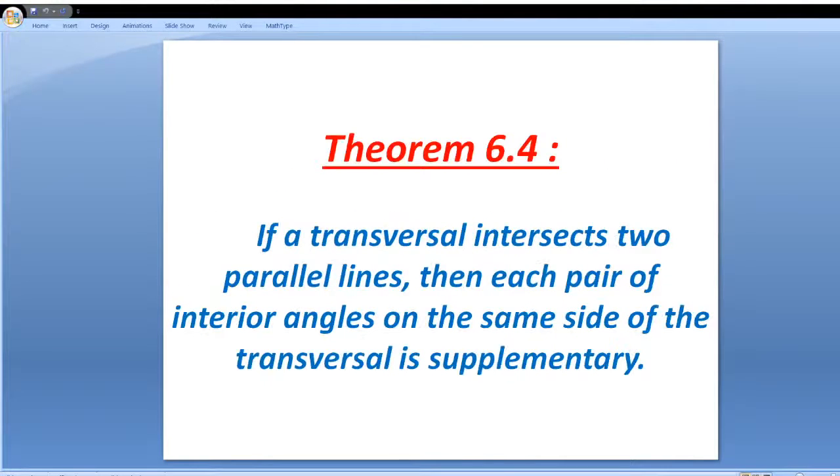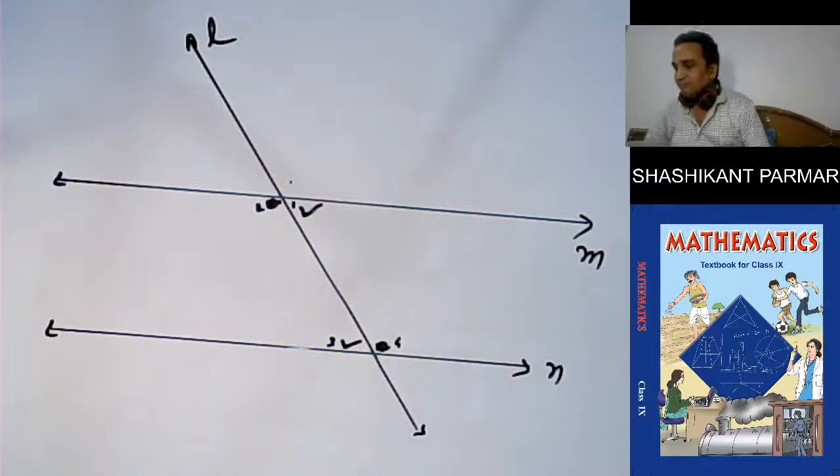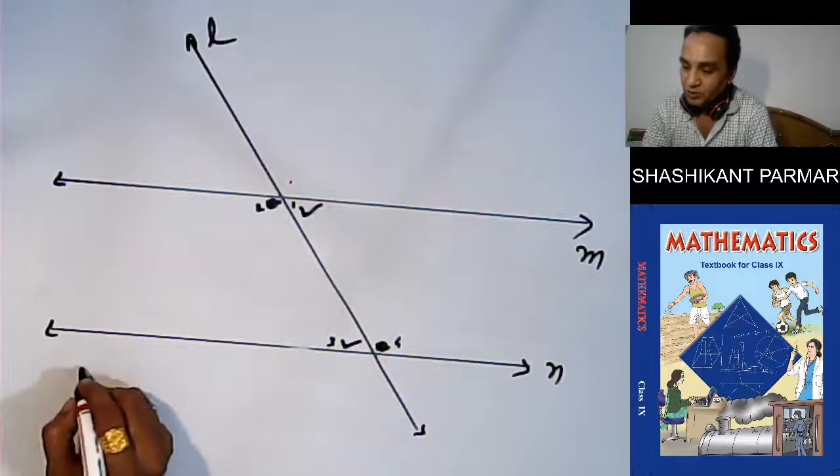Okay, so what says theorem number 6.4? If a transversal intersect two parallel lines, then each pair of interior angles on the same side of transversal is supplementary angles. What says theorem number 6.4?